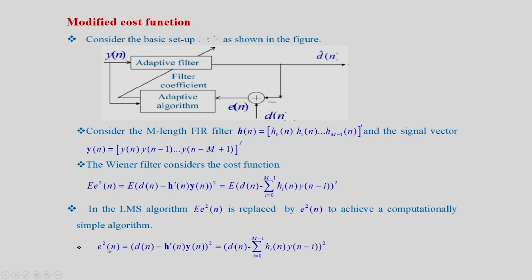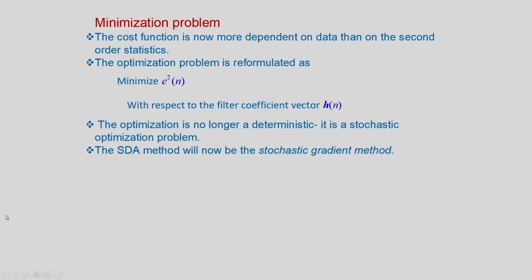Therefore, the cost function is given by e²(n) equal to (d(n) minus h transpose(n) into y(n)) whole square, that is equal to (d(n) minus summation h_i(n) into y(n-i), i going from 0 to m-1) whole square. So, this is the cost function for the LMS algorithm.